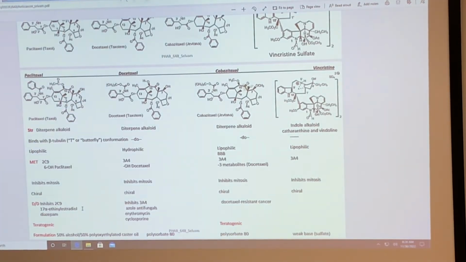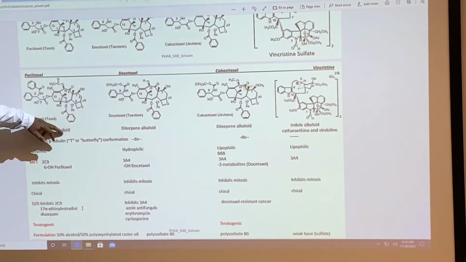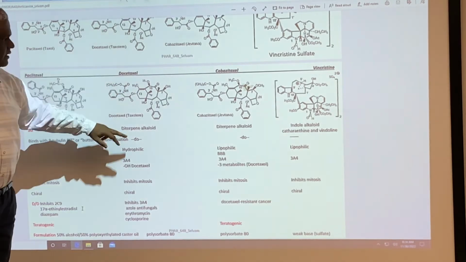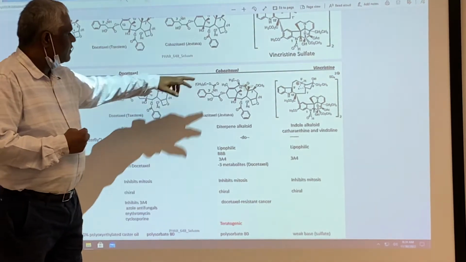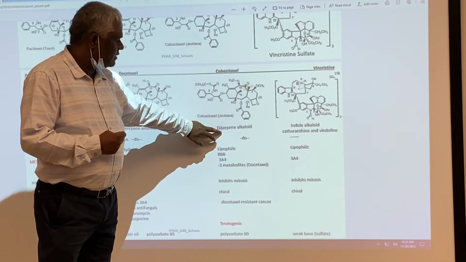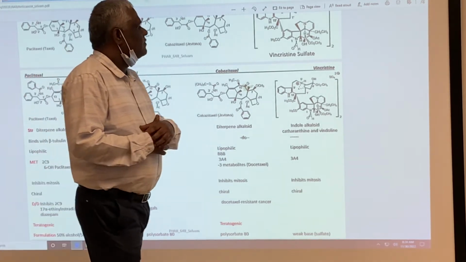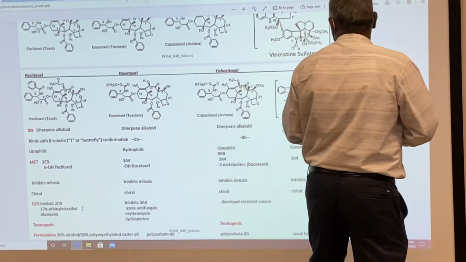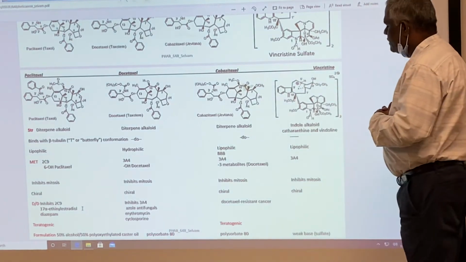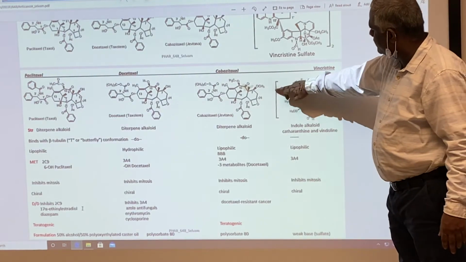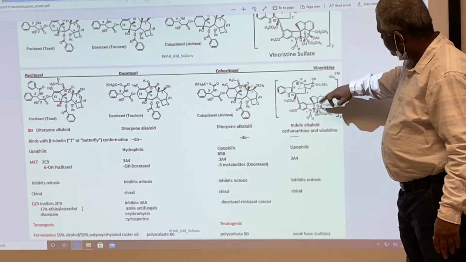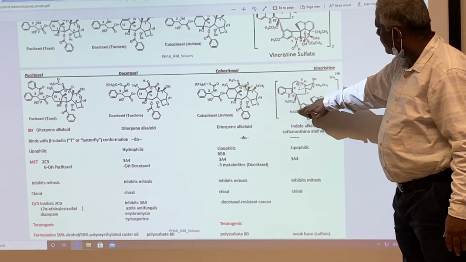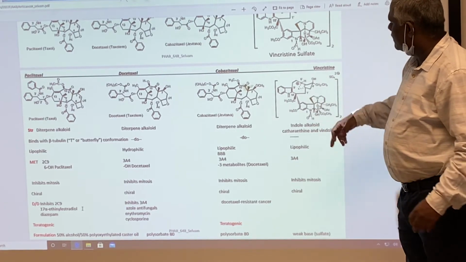When you have a compound with diterpene, that is a 20 carbon analog. So diterpene alkaloid. Docetaxel is also a diterpene alkaloid, and cabazitaxel is also a diterpene alkaloid. And vincristine is not a terpenoid compound, it's an indole. That fragment is indole. Two indole fragments are attached. So it's an indole alkaloid.